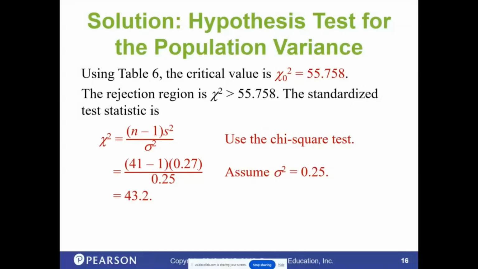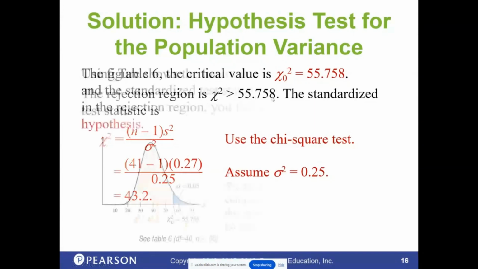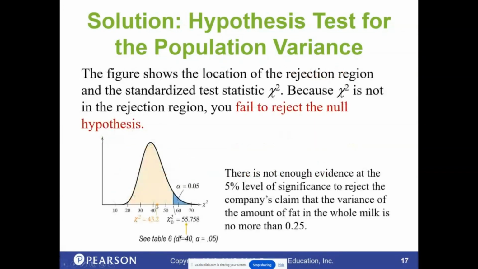So is that in the rejection region? It's not greater than the 55.758, is it? Okay. So since it's out here, and this is my rejection region, then that means there's not enough evidence at the 5% level of significance to reject the company's claim that the variance of the amount of fat in the whole milk is no more than 0.25. We failed to reject the null hypothesis. Any questions there?